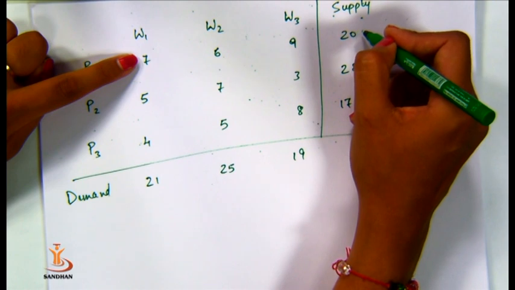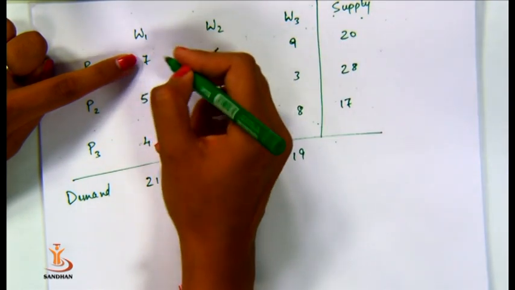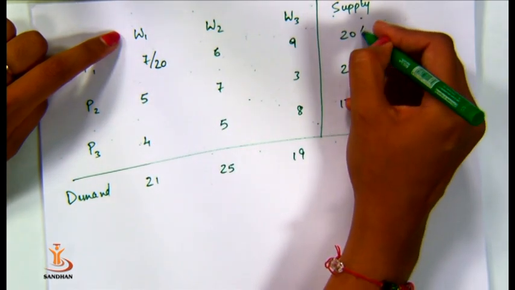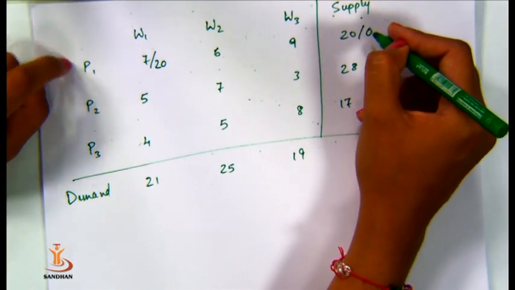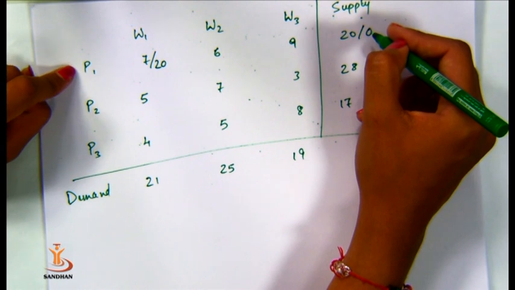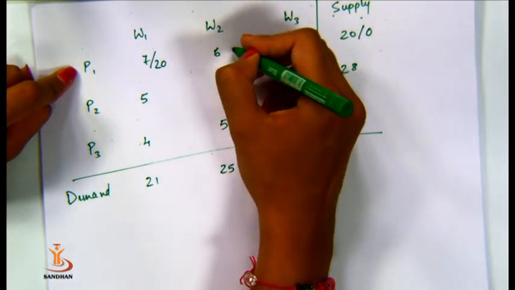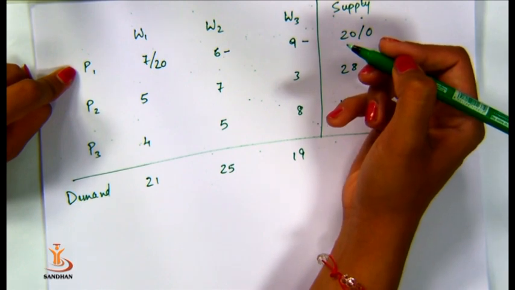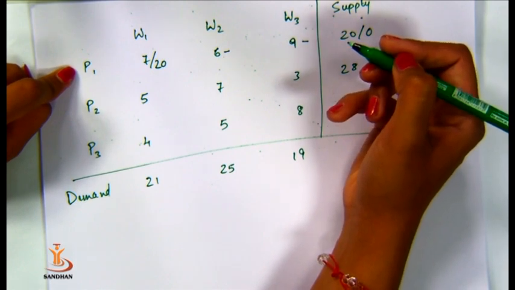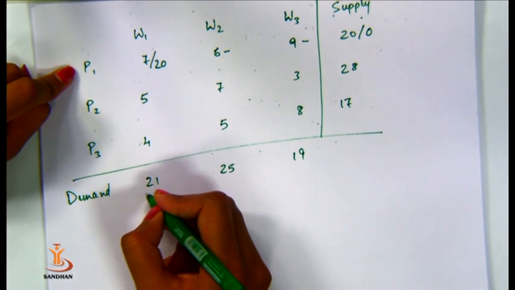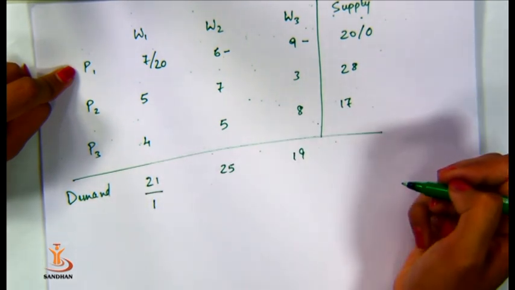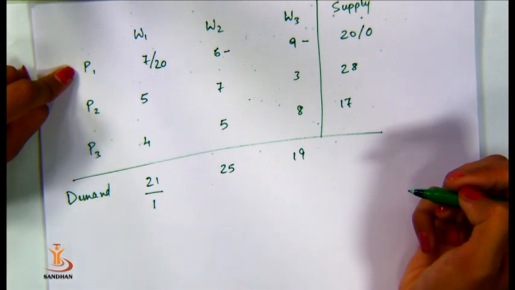So we will supply all the units here, such that we will be left with no more units at plant P1. So we cannot supply anything to warehouse 2 and warehouse 3. It also means that for warehouse 1 we still have 1 unit of demand.